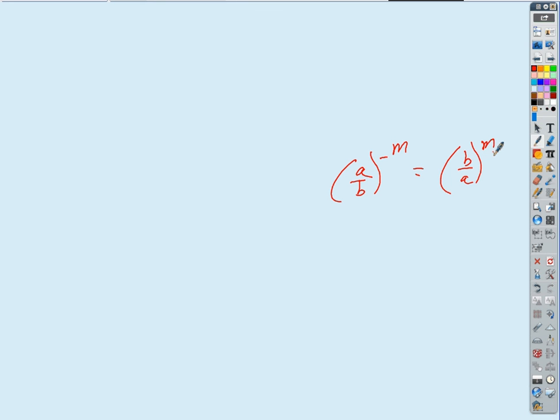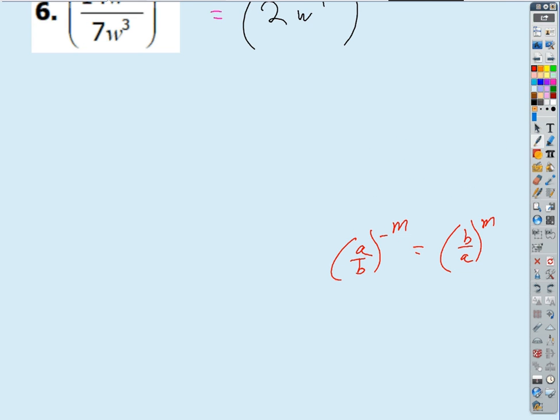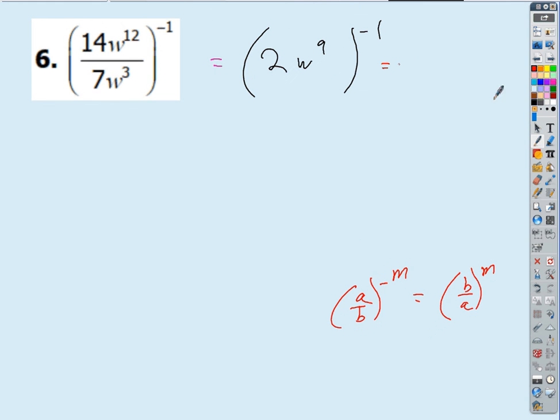Because this is going positive on the bottom and that's coming positive on the top, right? I mean, you could do it in another order. I could distribute the negative m and then do that individually, but that's more work. Right, so all I've got to do here, this fraction to the negative 1 would equal the fraction 1 over 2w to the 9th, to the 1. And anything to the 1, I don't need to have that 1 there, do I?